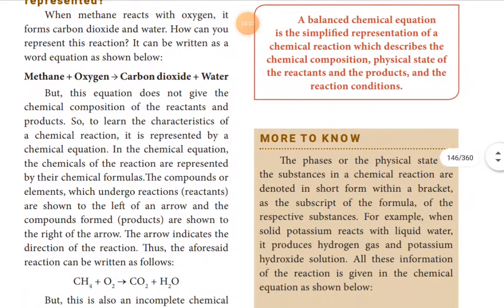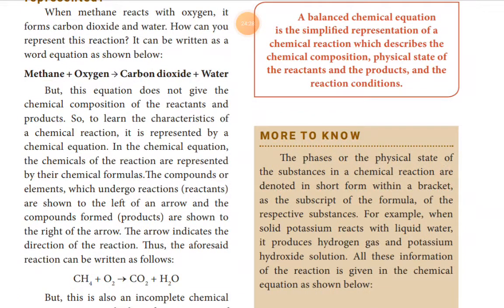More to know: the phases or physical states of the substances in chemical reactions are denoted in short form within brackets, as a subscript of the formula of the respective substances. For example, when solid potassium reacts with liquid water, it produces hydrogen gas and potassium hydroxide solution. All this information about the reaction is given in a chemical equation. Using the subscript, the physical states are represented.